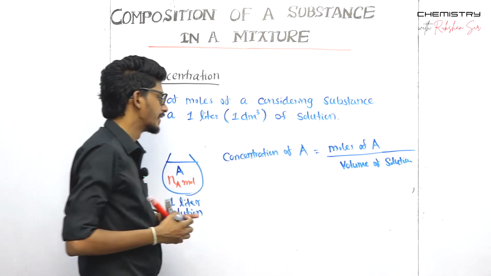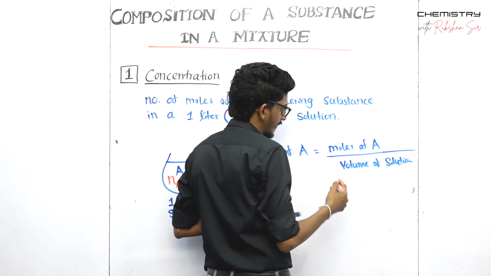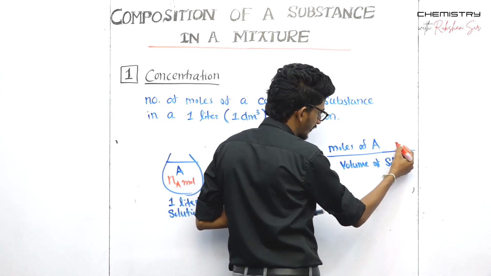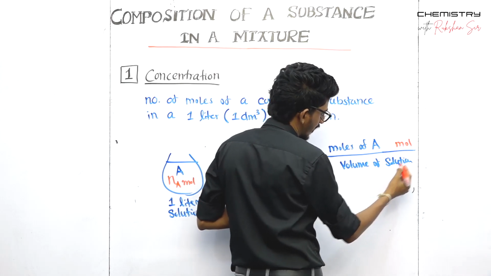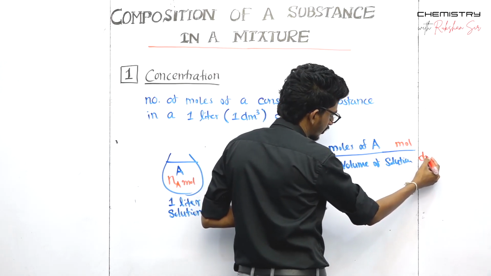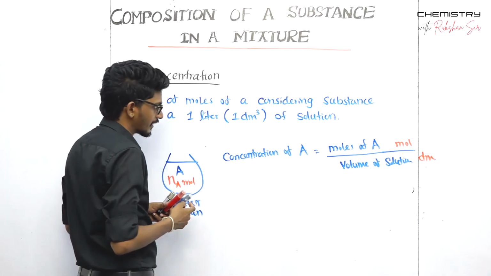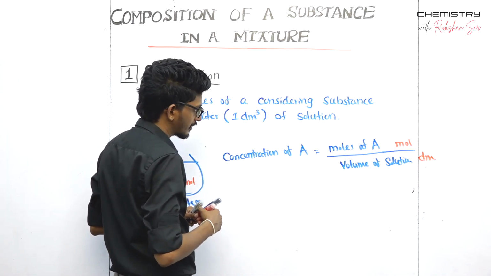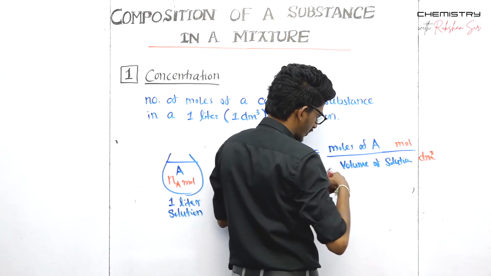That is how we represent the concentration. Moles is the unit for the amount, and for the volume we have to use decimeter cubes. So the concentration means the number of moles of the constituent substance in 1 decimeter cube of solution.